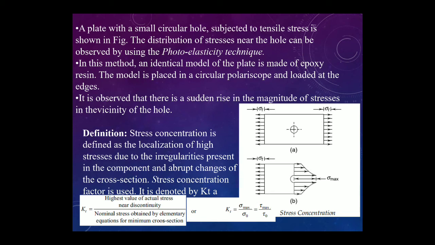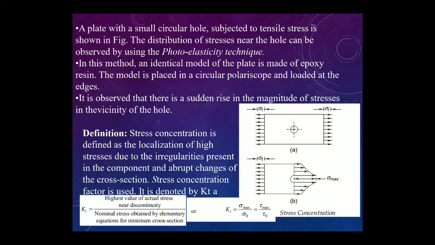So basically, stress concentration is the localization of high stresses due to the irregularities present in the component and abrupt changes of the cross section. There is a term, the stress concentration factor, which is denoted by Kt.